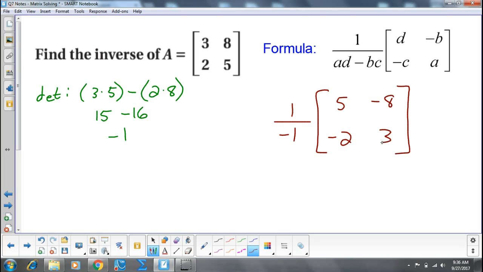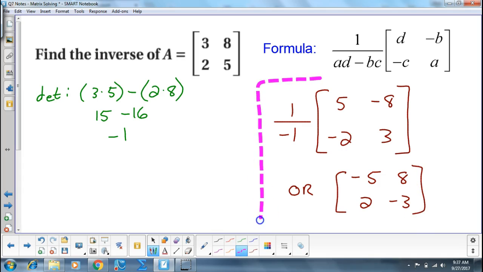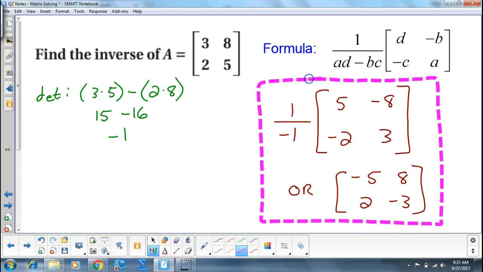But the outside fraction is really equal to negative 1, so we could distribute that negative 1 in there to be negative 5, positive 8, positive 2, negative 3. Those two are equivalent. Not every time is the value of your determinant going to be nice and easy like that, where it's 1 or negative 1. Just so happened on this one that it was.